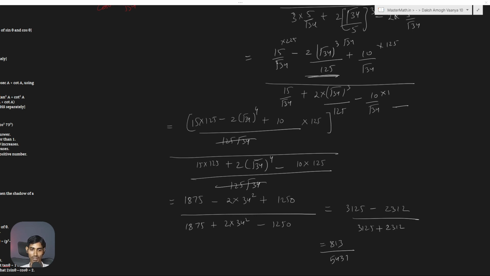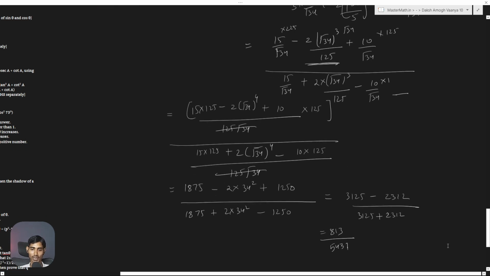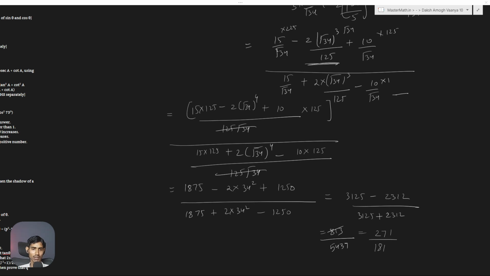So we can further simplify this. Can we take something common? Yeah, 3. So 3, 2, 7, 1, and this is 124 is 8. Oh my god. 224 8. 1 8.